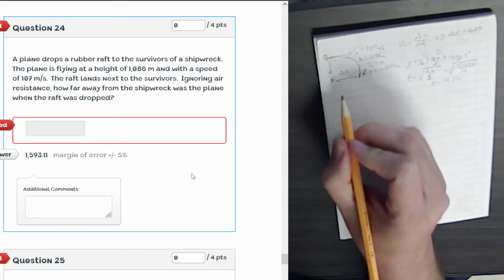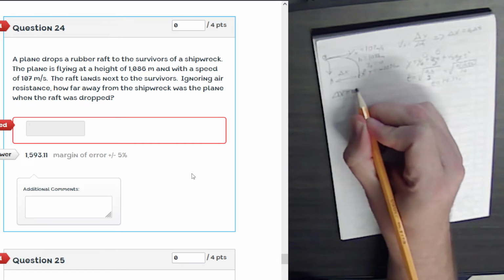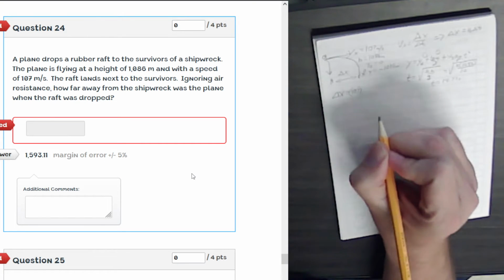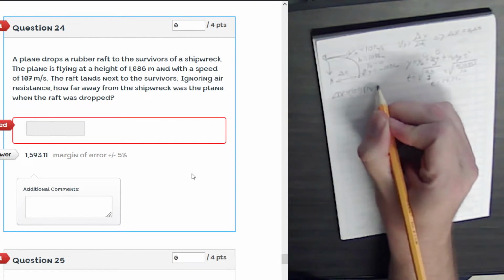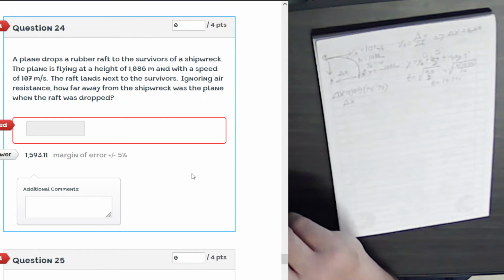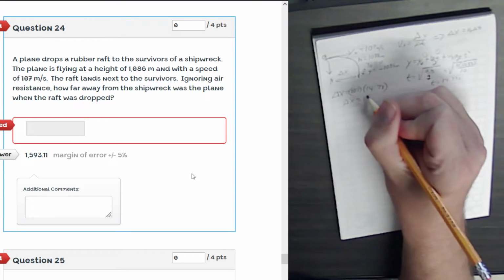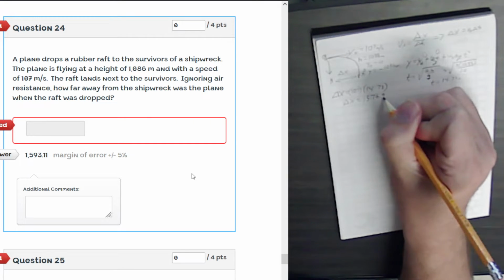So now delta x is Vx, which is 107, times 14.73. So delta x is 1576.93.